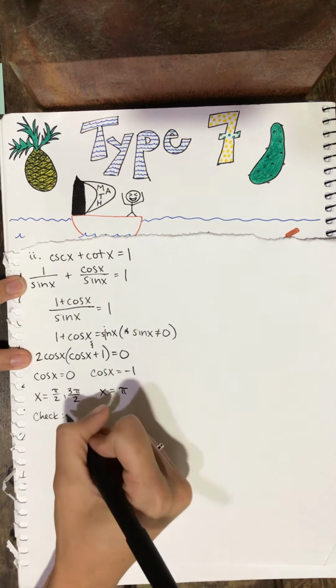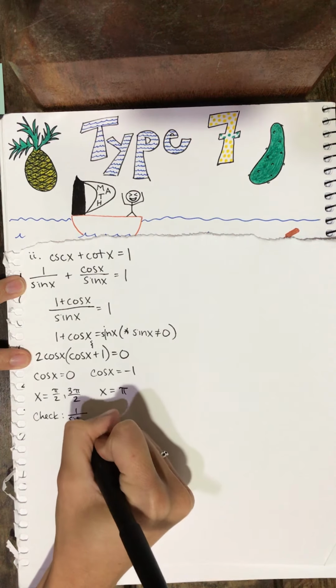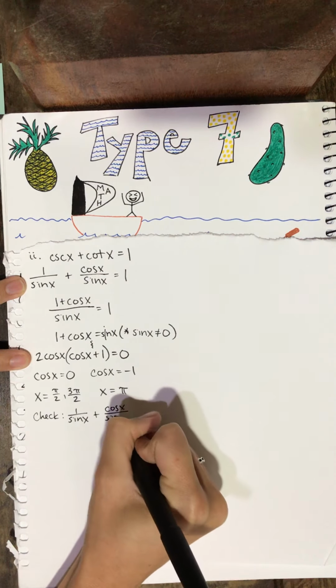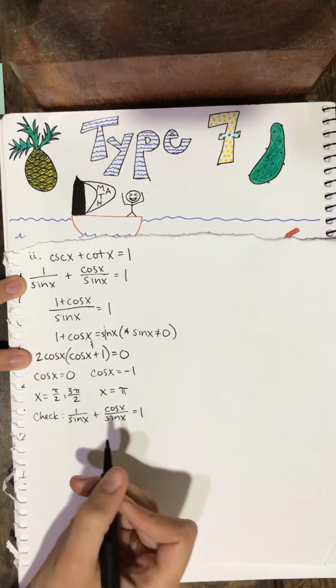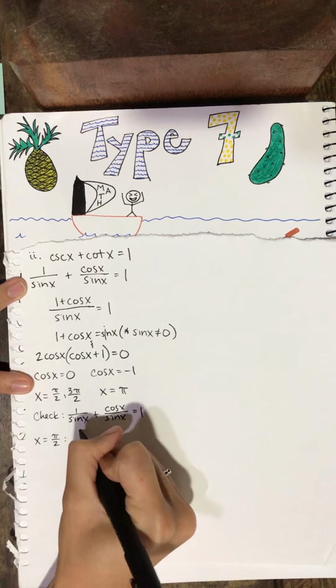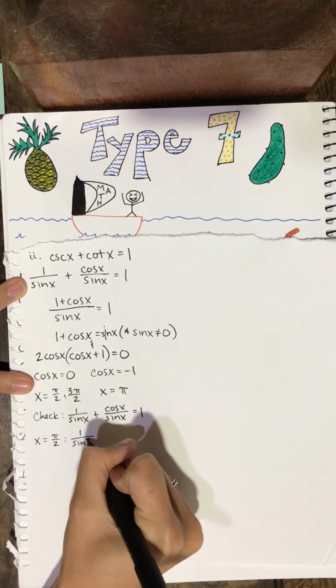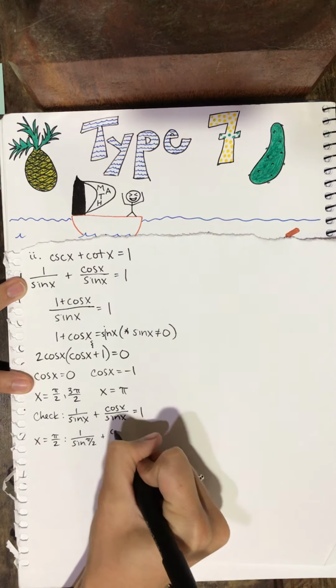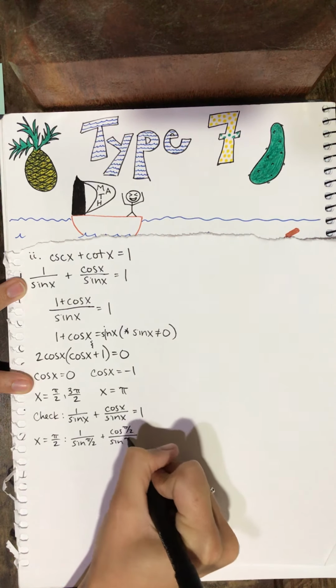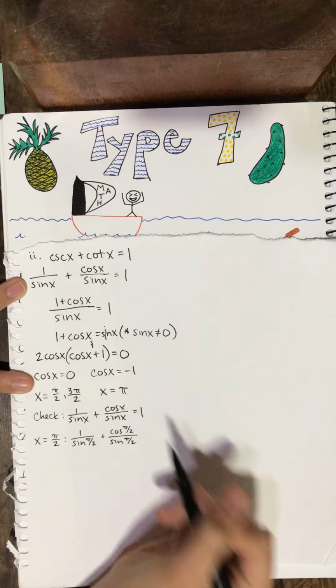So I'm going to check using the equation 1 over sine of x plus cosine x over sine of x is equal to 1, okay? So first, let's do pi over 2. So I'll have 1 over sine of pi over 2 plus cosine of pi over 2 over sine of pi over 2. I want to see if that's equal to 1.